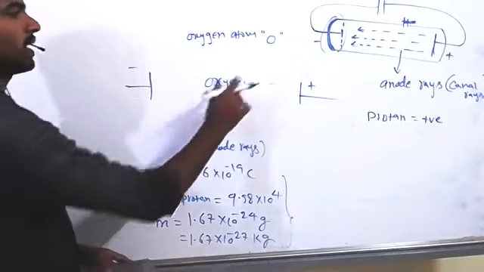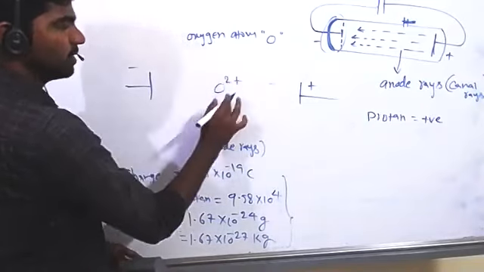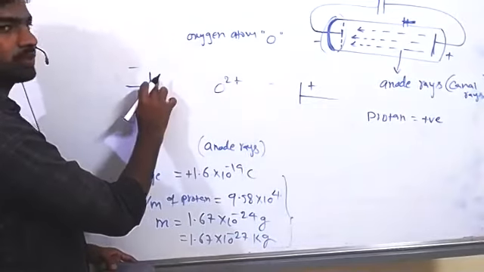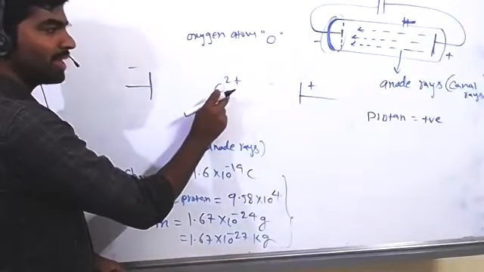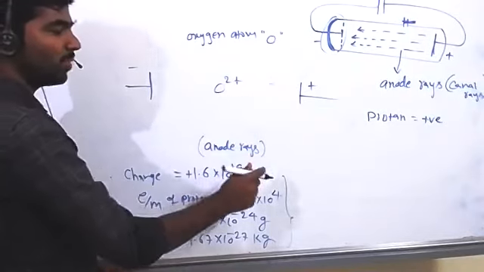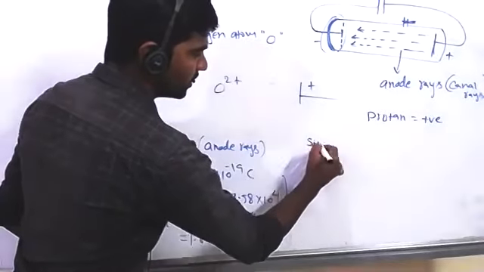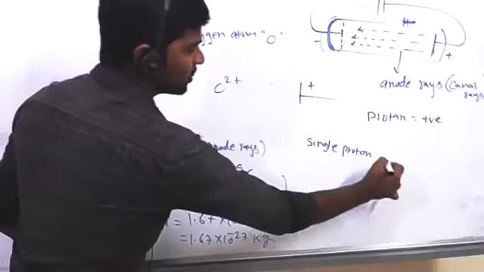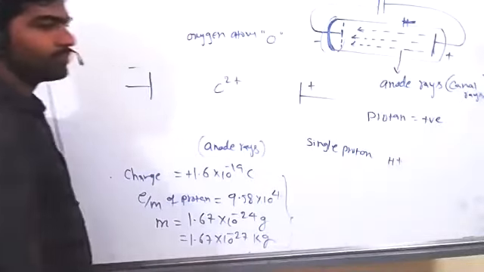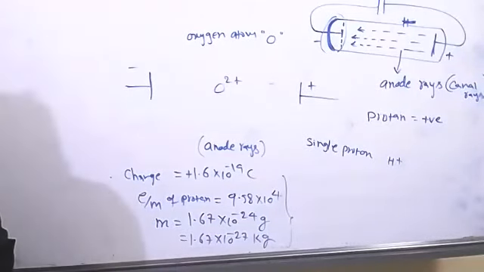Say it lost 2 electrons, it formed O2 plus. So these lost electrons and the metal also producing electrons, all together construct the cathode rays. Now O2 plus has more mass than a single proton, no? A single proton is produced by a hydrogen atom. But now O2 plus, how much mass does it have?